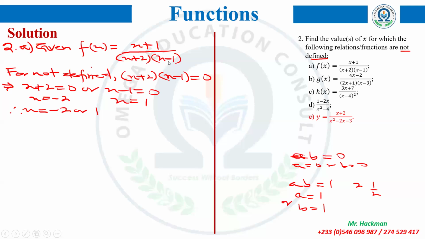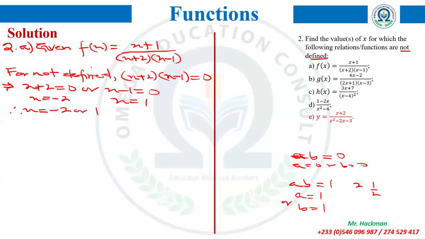Then into 1 minus 1 will give you 0. So it will be 3 times 0, making the whole of the denominator also 0, and therefore the whole of the fraction undefined. So indeed, -2 and 1 will be the possible values that will make the function here undefined or not defined. All correct? Yes, please. Great. All right.